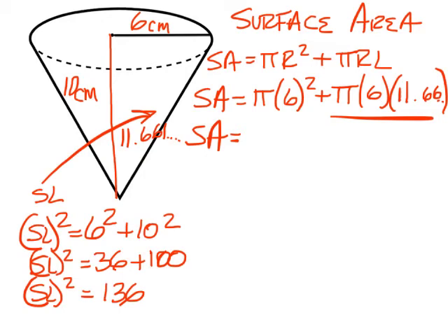Whatever's in your calculator, multiply it by 6, and then multiply it by pi. And then you're going to have to add to that the left-hand side over there. So hit plus, and then left-hand parenthesis, 36 comes from 6 squared times pi, and then right-hand parenthesis. You should get a final answer of 332.92 centimeters squared.